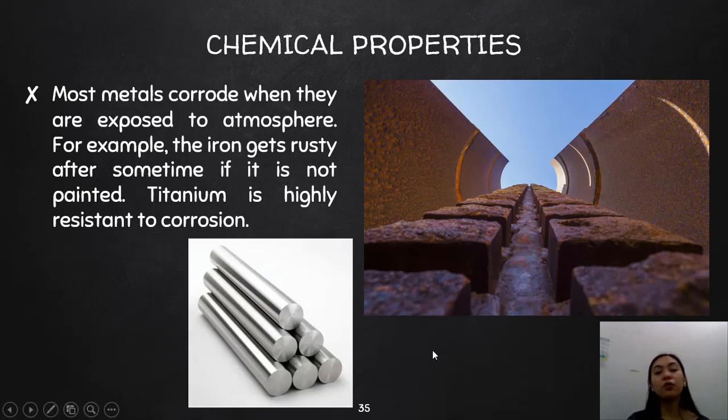However, di ba, over time, pag hindi na maintain, nagko-corrode yan. That's why, usually, initially, ang very cheap na gawin is to repaint. So, ipipaint nyo yan para kahit paano magkakaroon siya ng protection against the atmosphere para hindi mag-oxidize yung ating metal. Although we have metals which are highly resistant to corrosion, an example of that is your titanium and of course your stainless steel. Stainless steel is just a mixture of metals.